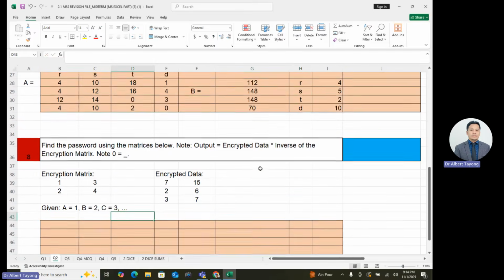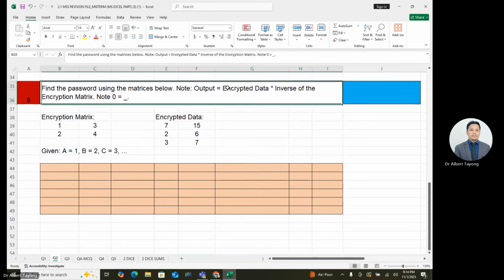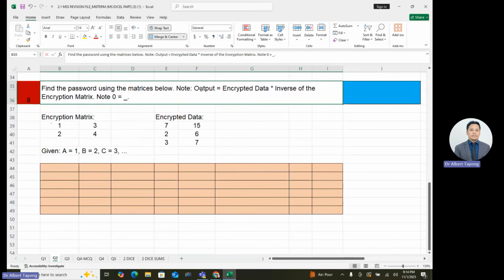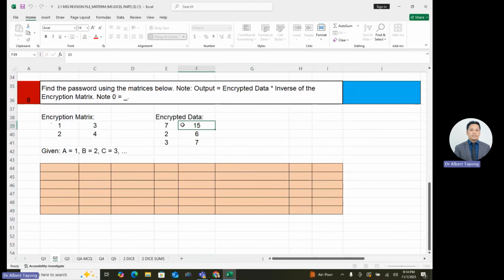You're going to find the password using the encrypted data and the encryption matrix given below. And I put the formula there. The output is to multiply the encrypted data and the inverse of the encryption matrix. So it means the first step is to get the inverse of this.